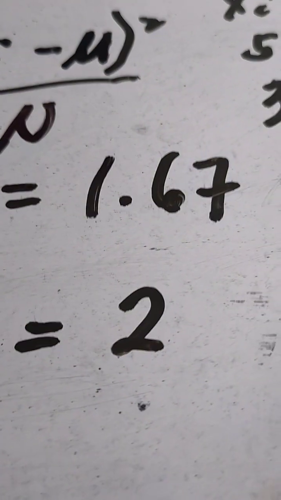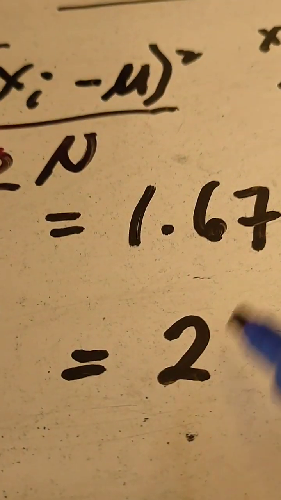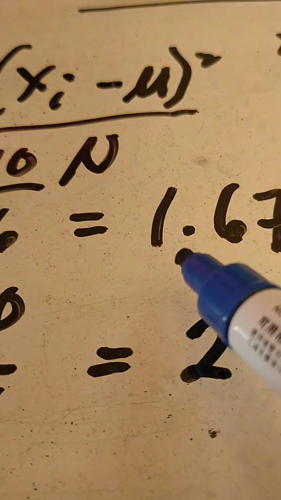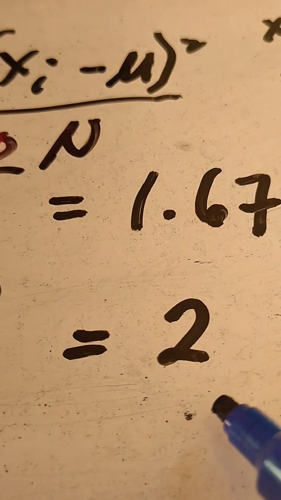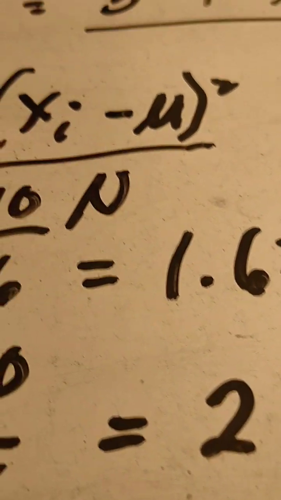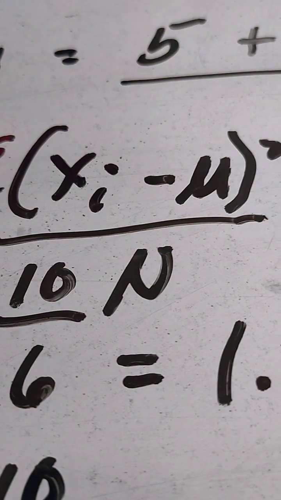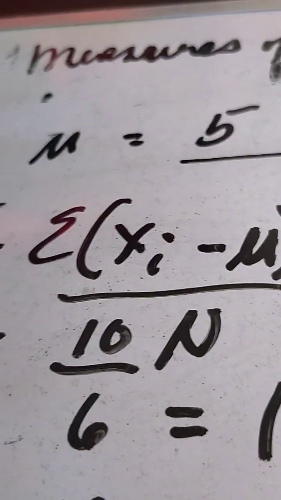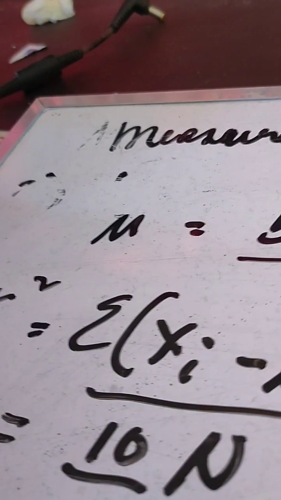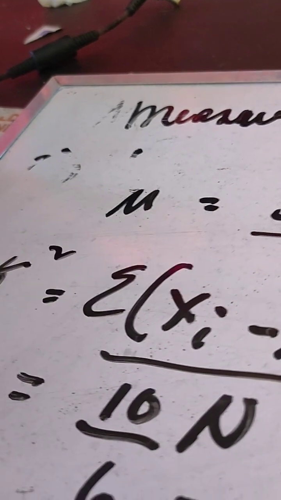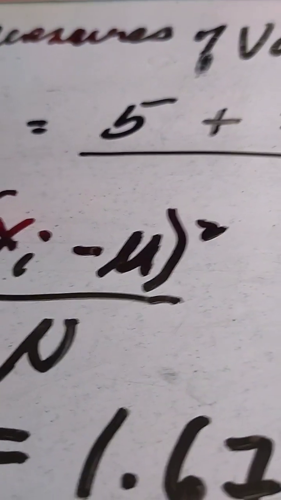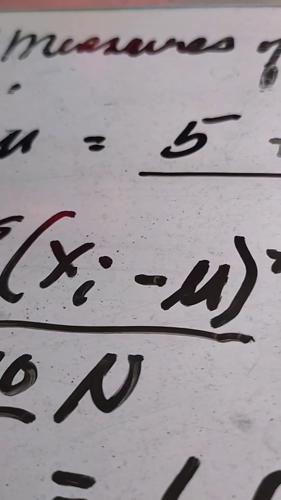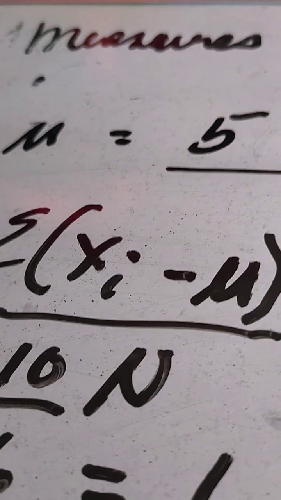You can see that the difference between the two is that 1.67 can be rounded off to 2. So you will understand this better when we proceed to the study of our measure of standard deviation.